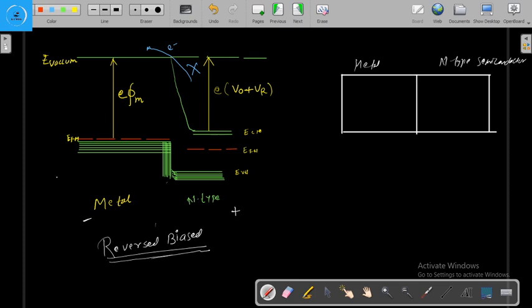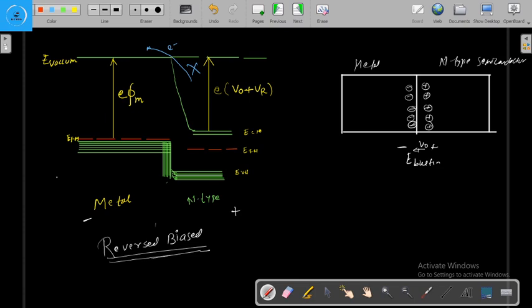We have seen here that the built-in electric field will exist here, which will be equal to the V naught, the built-in voltage, right?